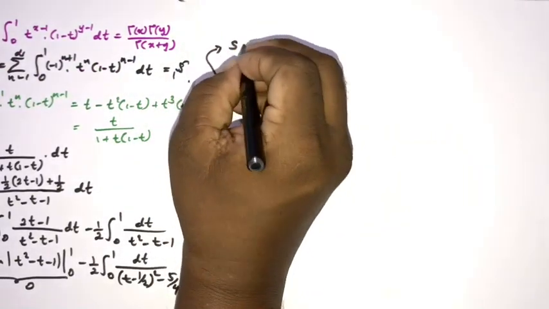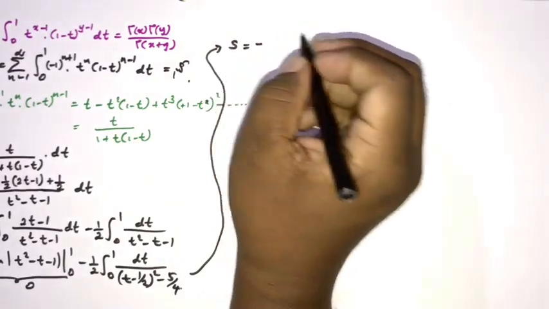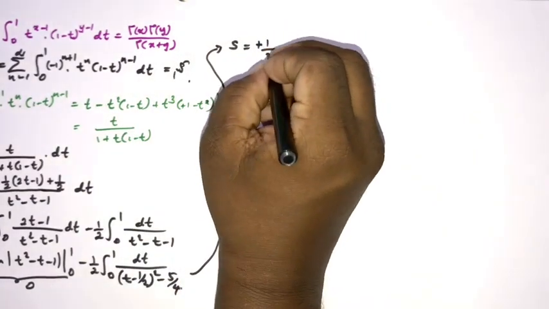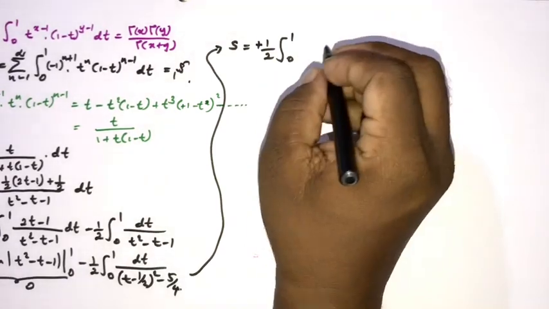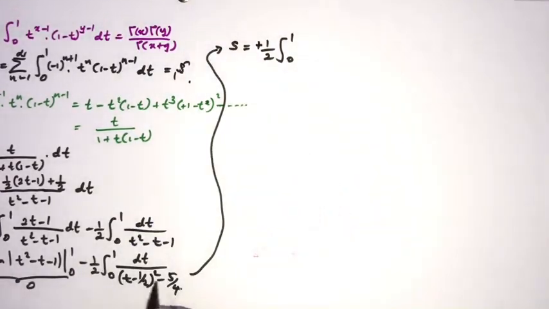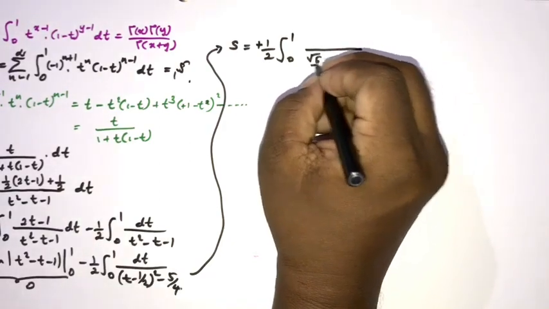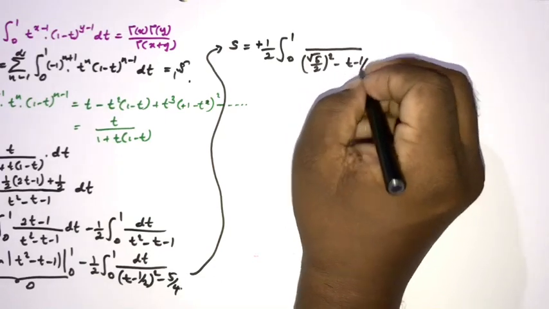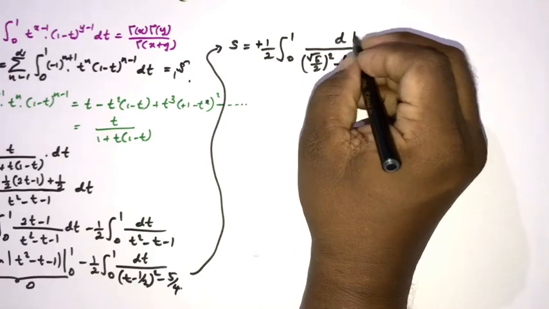S is equal to minus 1 half, but we can take the minus sign as a factor, so plus 1 half integral from 0 to 1. Then here we have 5 over 4, we can write it as the square root of 5 over 2 squared, then minus (t minus 1 half) squared dt.